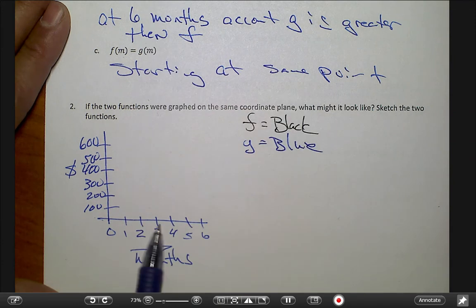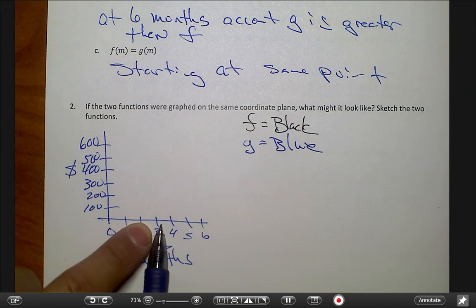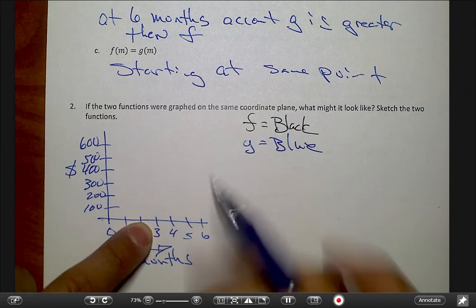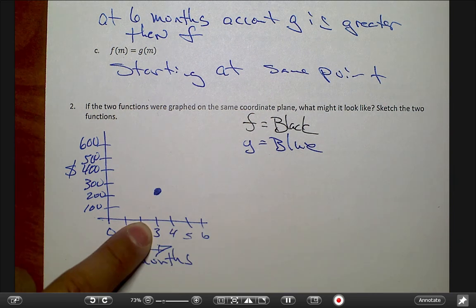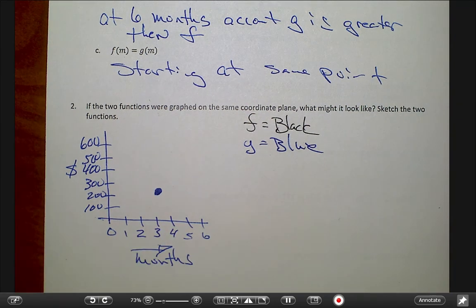So let's go to 3 months. F is greater than g. So I'm going to put a number there. All I know is f is going to be greater than g. So where does f go here?